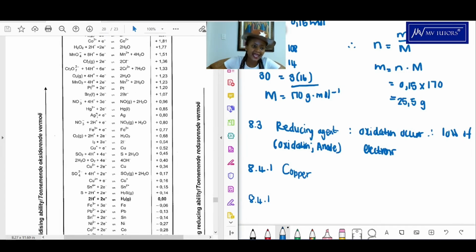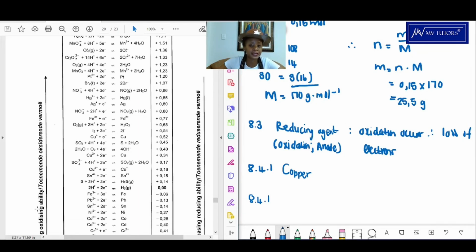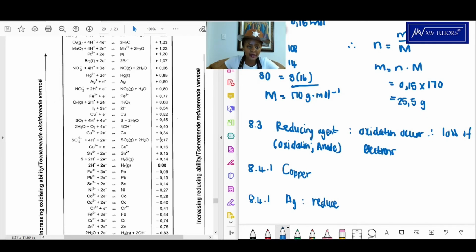It has a higher oxidizing ability, meaning that it is reduced. So silver is the one that is reduced. And then copper, which is here, has a higher reducing ability. This is reduced, therefore copper is oxidized.